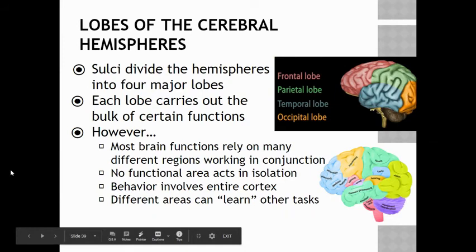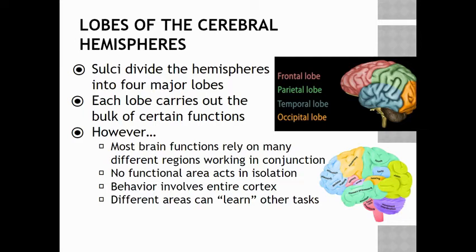So back to brain anatomy, the lobes of the hemispheres. There are 4 lobes in each hemisphere, and they're divided by sulci, and each lobe carries out a bulk of certain functions. Now remember that most brain functions rely on many different regions working together, and no functional area acts in isolation.